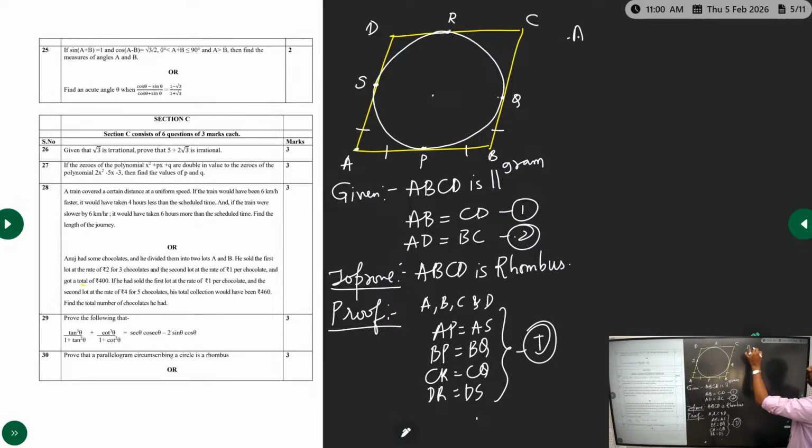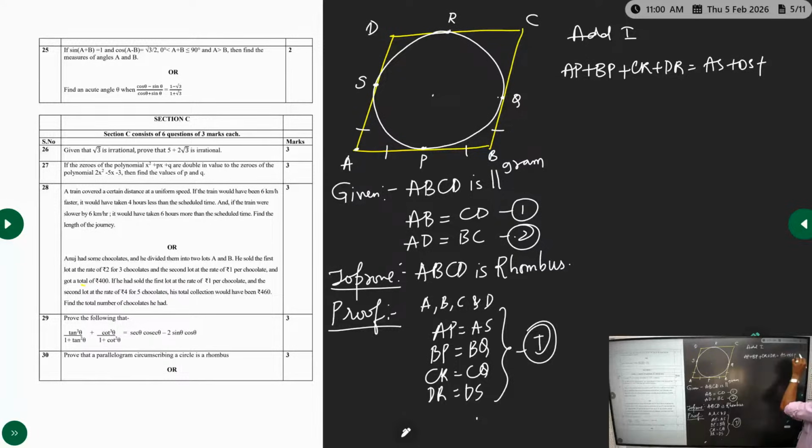Now add this Roman number 1, LHS and RHS. AP plus BP plus CR plus DR is equal to, rewrite, take DS first, plus BQ plus CQ.